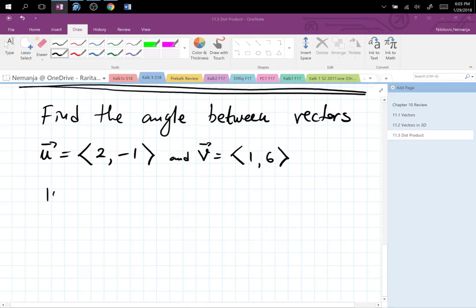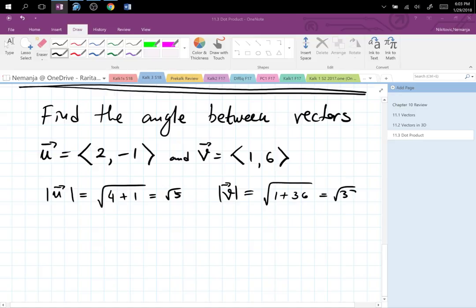First I will need both of the magnitudes, which in this case is square root of 5 on the first one. And the magnitude on the second one is square root of 1 plus 36, which is square root of 37.